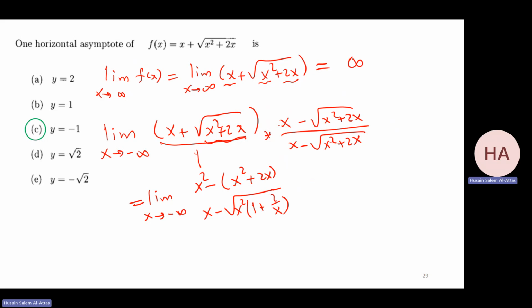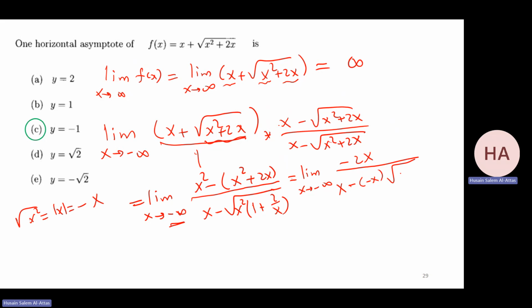So that will be the limit as x goes to minus infinity. This is x squared minus 2x over x. Be careful here. Square root of x squared will be what? Absolute value of x, which is minus x, since I'm dealing with minus infinity. So this is minus x square root of 1 plus 2 over x. Clear? I'm taking square root of x squared, absolute value of x, which is minus x.